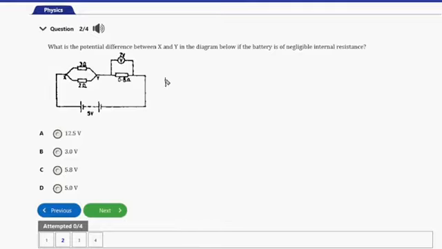First of all, to find the resistance from X to Y, we can simply do 3 times 2 over 3 plus 2. That will give us 6 over 5. So R for X and Y will be 6 over 5. Now we're going to add it to this 0.8 ohms in series.